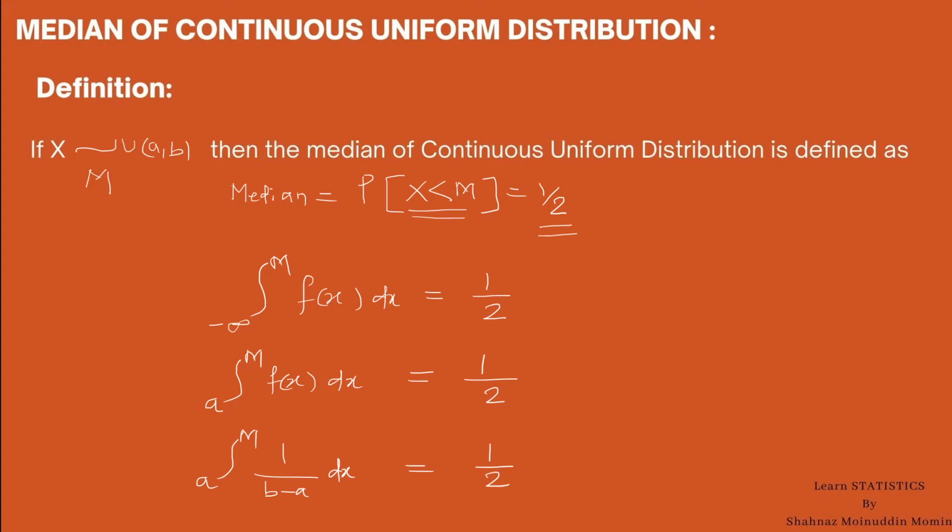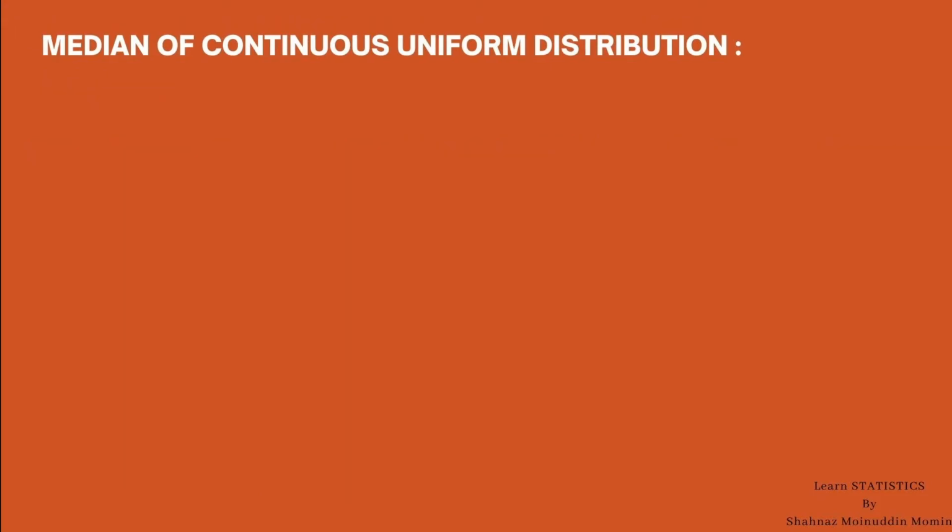As the 1 by B minus A is constant, we can take it outside of the integration. So, it is 1 upon B minus A integration A to m dx equal to 1 upon 2. 1 upon B minus A. Integration dx is x over the limit A to m.